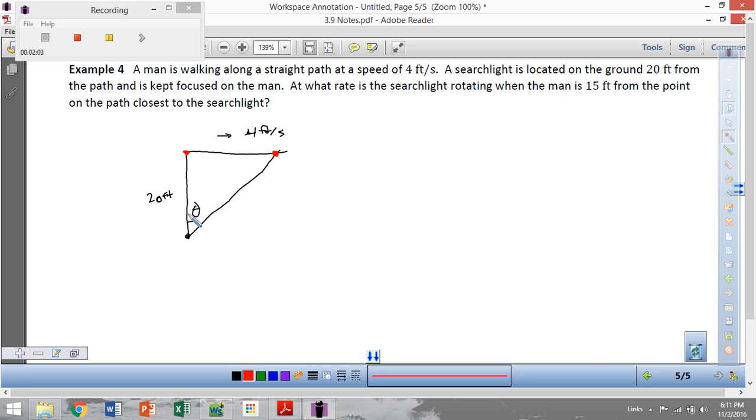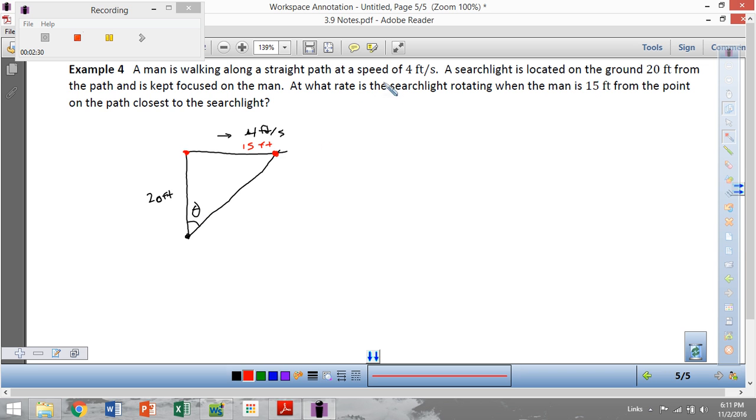That's whenever the light is just directly underneath the path, and that's always going to be the closest that he gets. As he walks this way, he's obviously further away from that spotlight than what he was here. So basically, when this is 15 feet, at what rate is this spotlight rotating? At what rate is that changing?